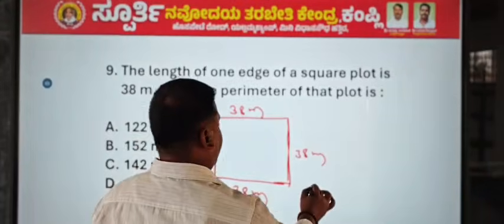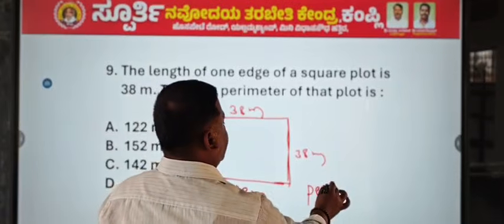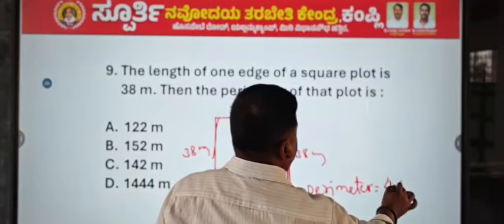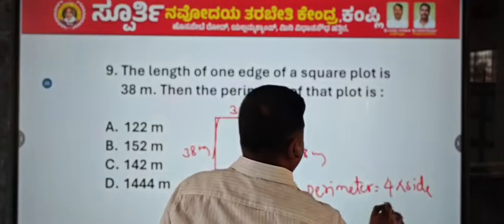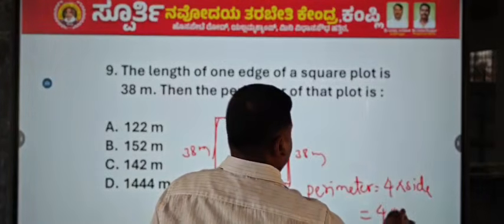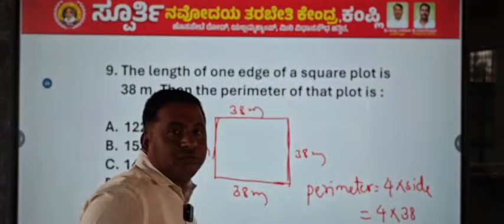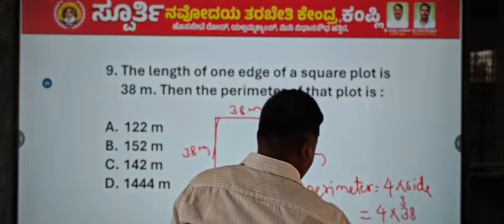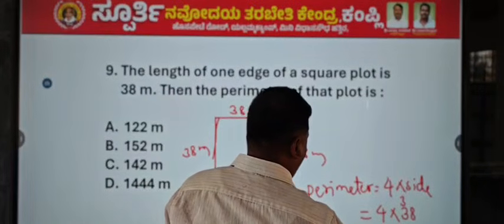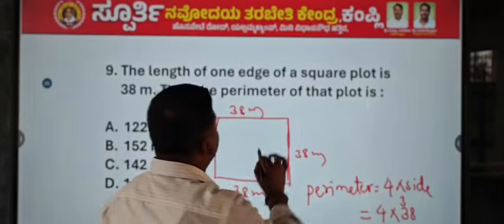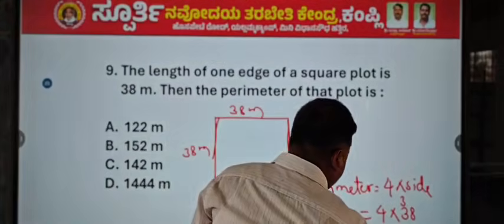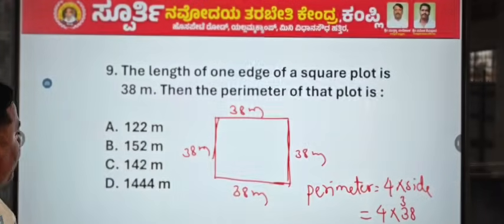Therefore, perimeter you will get. Perimeter is equal to 4 into side. 4 into 38. Okay. 4 8s are 32. 4 3s are 12. 12 plus 3, 152. Here, meter is there. You have to put the meter. 152 meter.